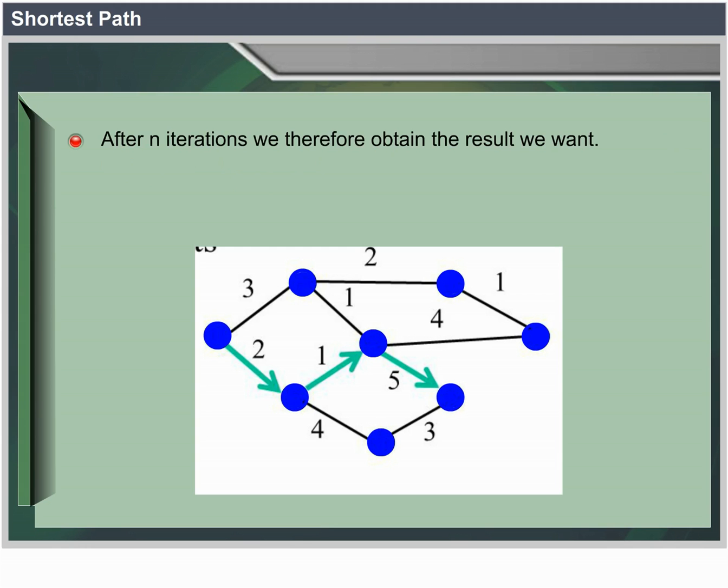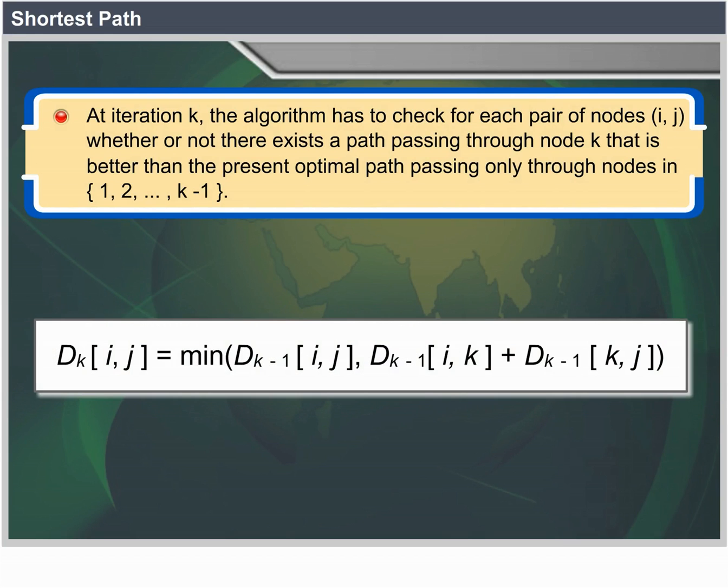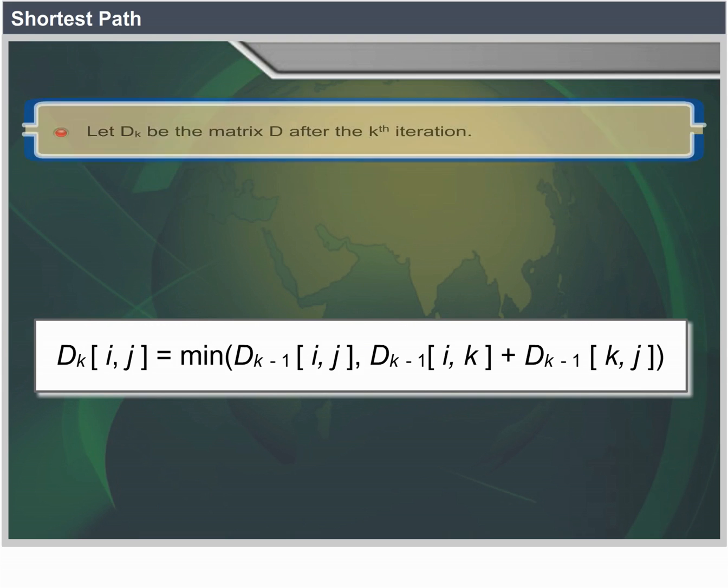At iteration k, the algorithm has to check for each pair of nodes i, j whether or not there exists a path passing through node k that is better than the present optimal path passing only through nodes in 1 to k-1. Let Dk be the matrix D after the kth iteration.